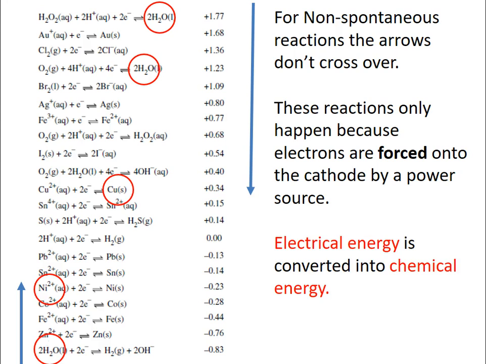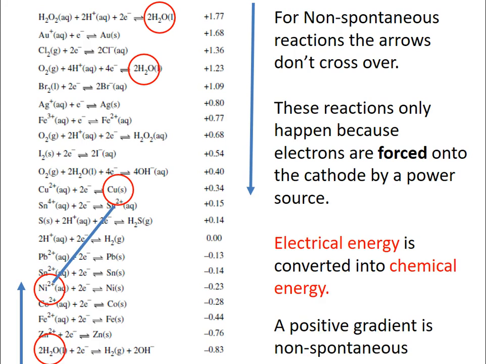So electrical energy is being converted to chemicals. Another way of looking at it is that it's a positive gradient, so positive gradients are not spontaneous. You might have noticed on Edrolo she does a negative gradient, like a slide, where a chemical here would be sliding down to react with a chemical here. So this is natural, this is not.